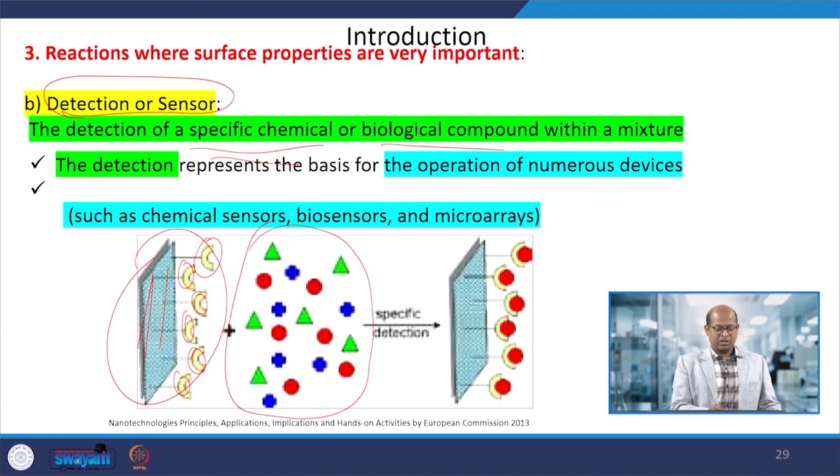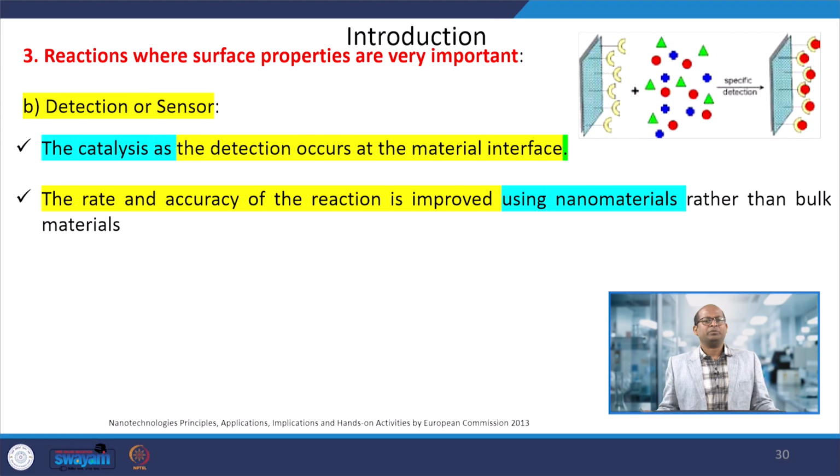Suppose a gas has a number of components or molecules present. If you want to detect particular target molecules, they would interact with these surface sites. If the number of surface sites is more, the sensing efficiency will be better, and the detection capacity will be enhanced.